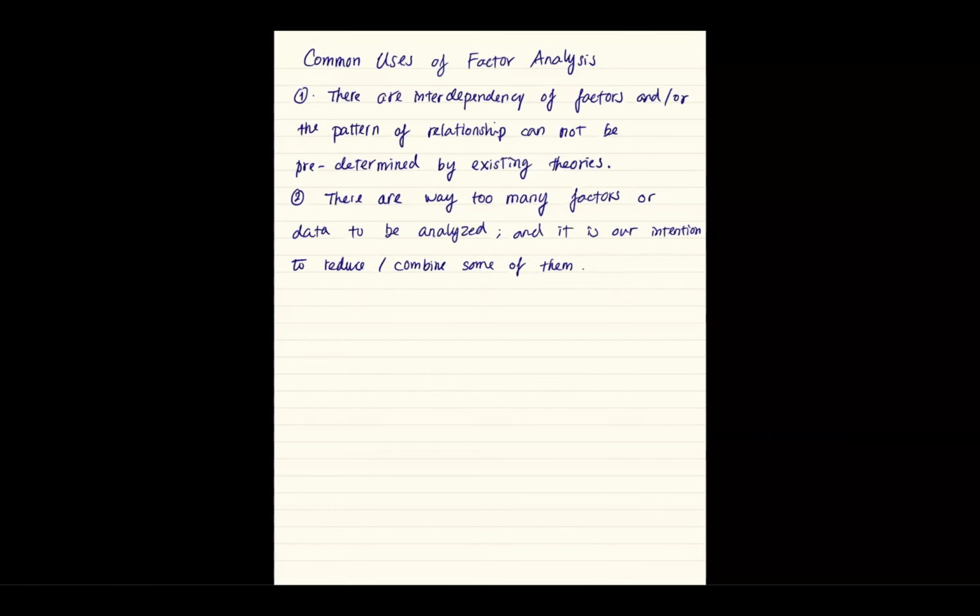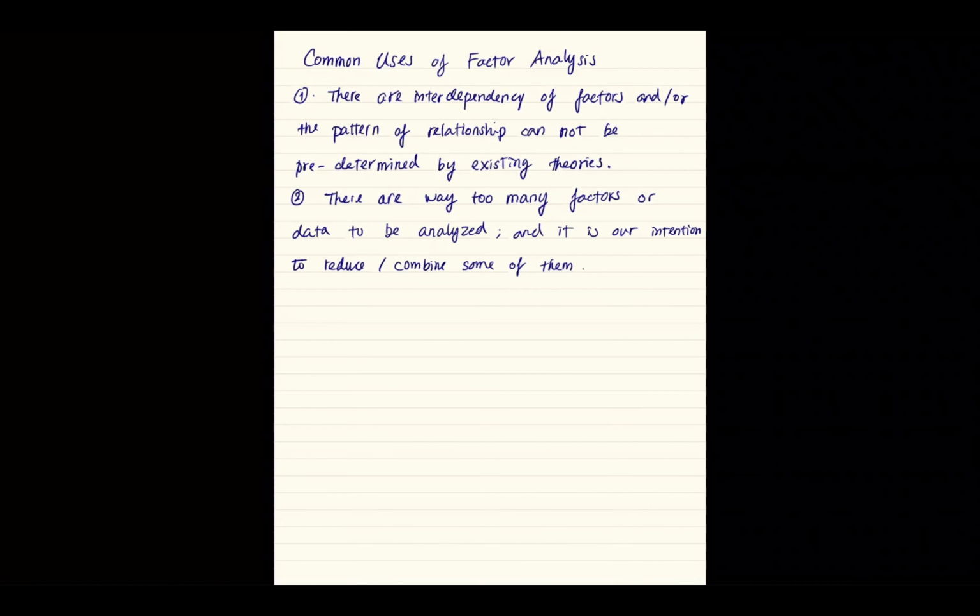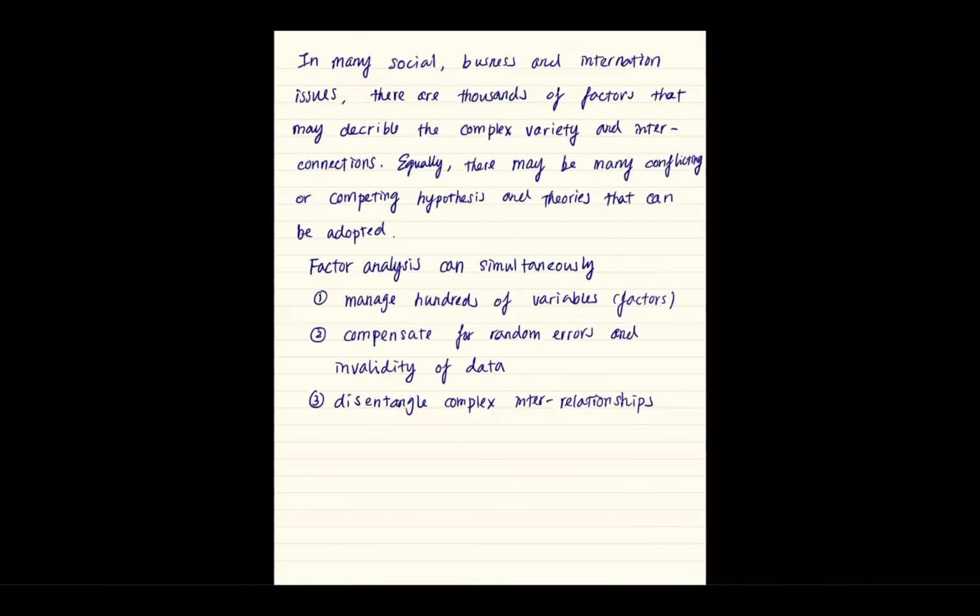When you have 200 factors, for a business manager this is a disaster, because I won't be able to decide which one to go for first. So it is actually our intention to ask: can we combine some of them? Look at the factors we came up with just now, can we combine some of them?